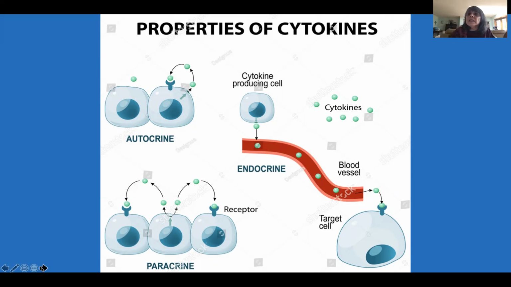So cytokines are used to treat diseases. For example, interferon alpha beta is used to treat people who have multiple sclerosis. But it's got serious side effects because of this particular problem.